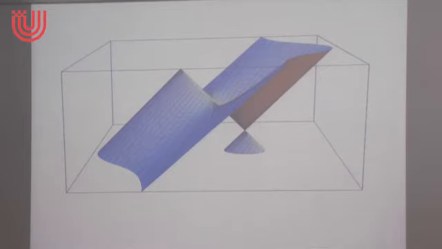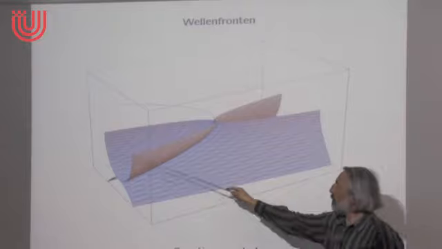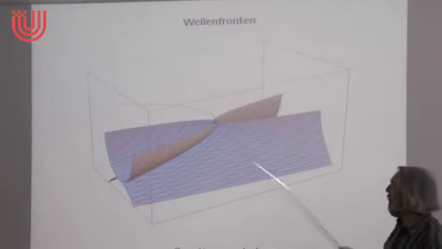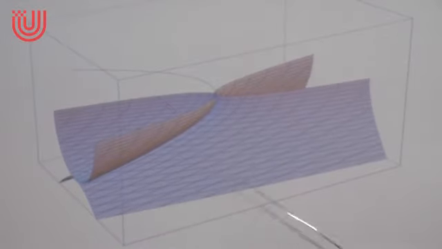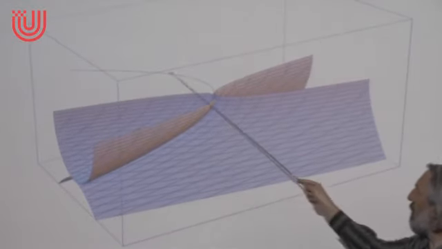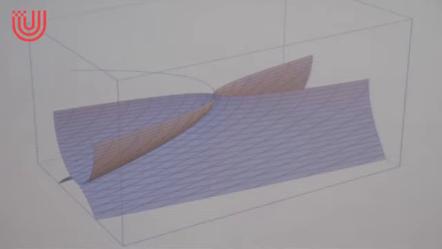And what you get is this here. So slightly before the caustic, the wavefront is a paraboloid. After the caustic, it is a hyperbolic paraboloid. And at the caustic itself, it is just a line, a parabola. So the caustic in this case is a line.